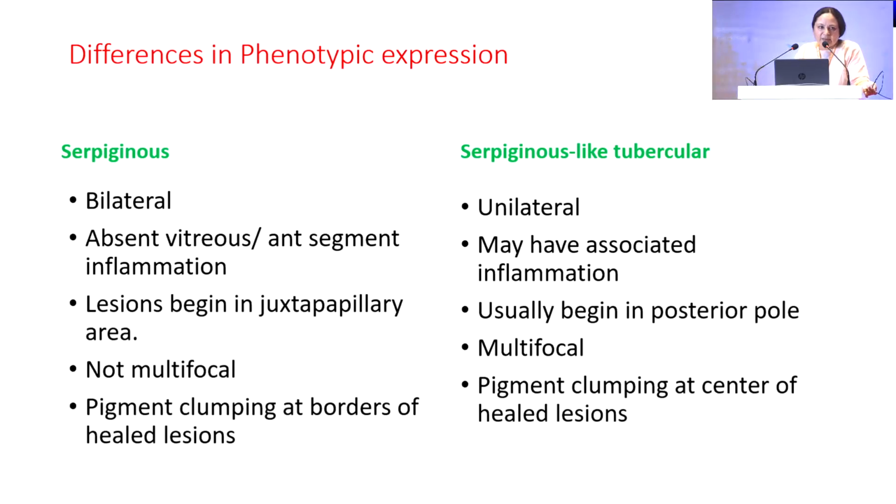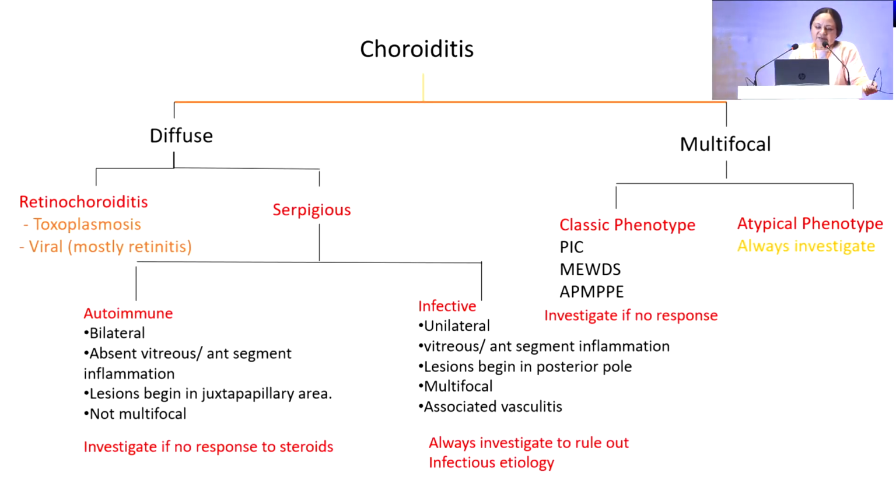In a nutshell, if you see multifocality as well as vitreous cells, it is more likely to be TB, so don't push too much immunosuppression. So this is my last slide on choroiditis. If it is diffuse, it can be toxo or viral. Serpiginous, you need to differentiate.